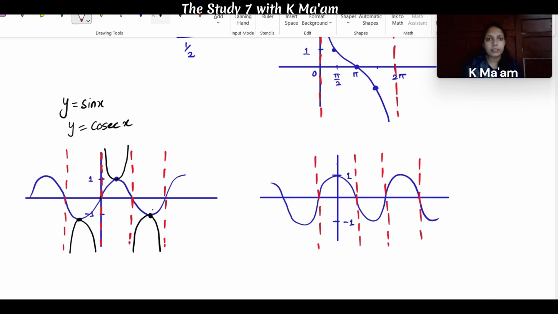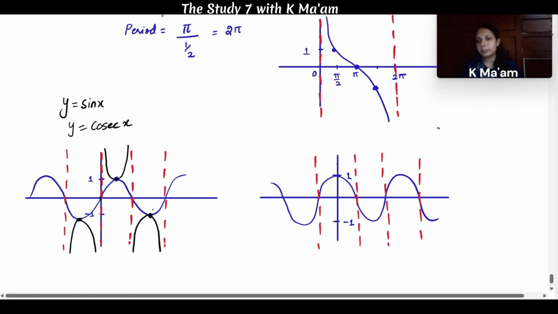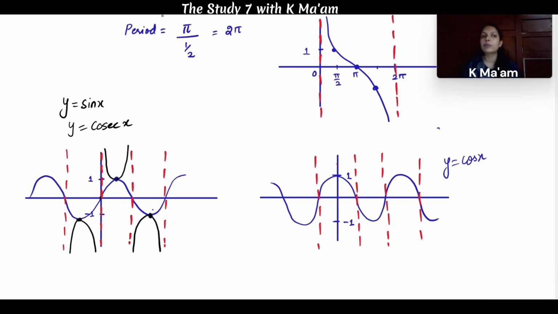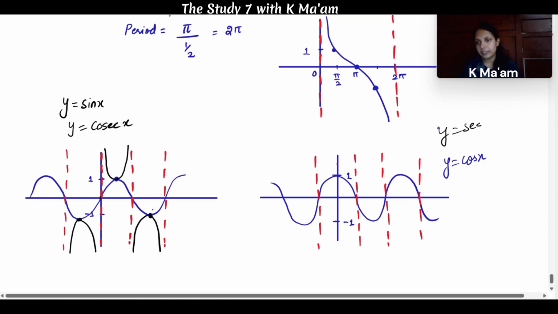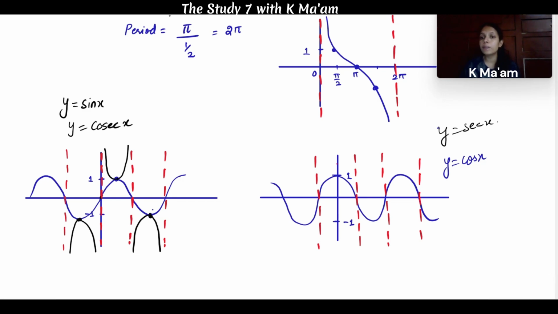Okay. We have the graph. This blue is y equals cos x. I'm drawing the graph for secant x. Y equals secant x. Cos at 0 is 1. Reciprocal of 1 is 1. So secant is also 1.